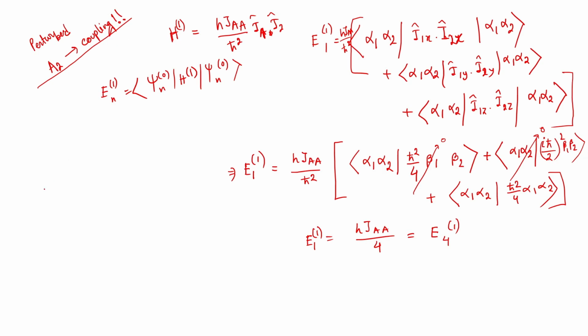Here what we are doing, that I1 into I2 is I1x into I2x, right? All the other cross terms will cut, that cross product. I1y I2y, I1z I2z.